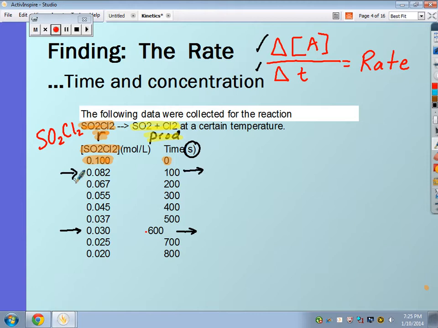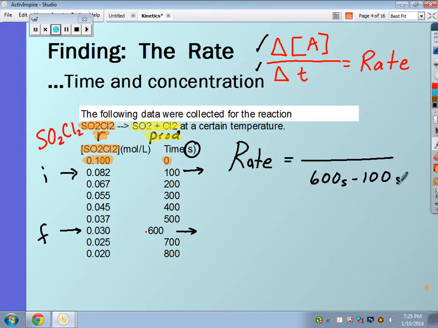So to do a change in concentration, I'm going to find the rate. This is my final, this is my initial, and I want to know how fast SO2Cl2 is going away between 100 seconds and 600 seconds. So for time, that's easy: 600, my final, seconds, minus 100 seconds.